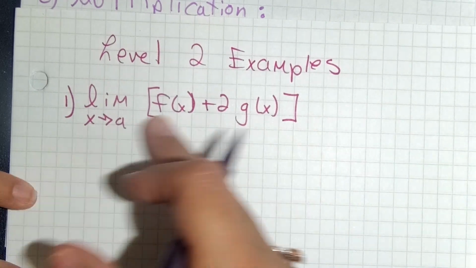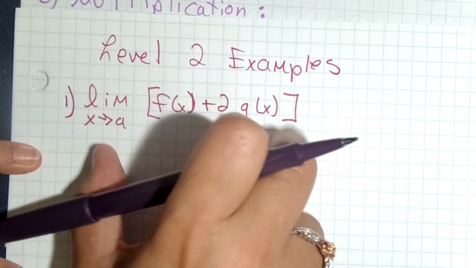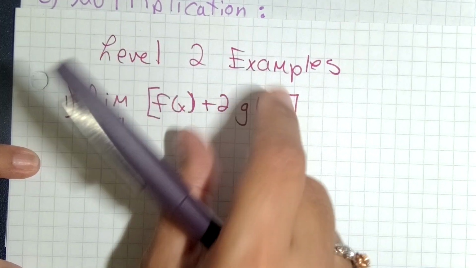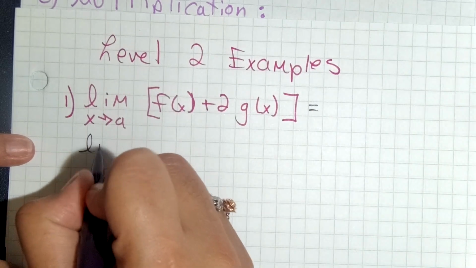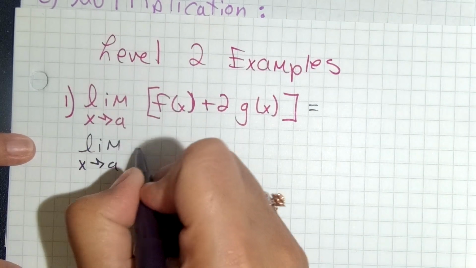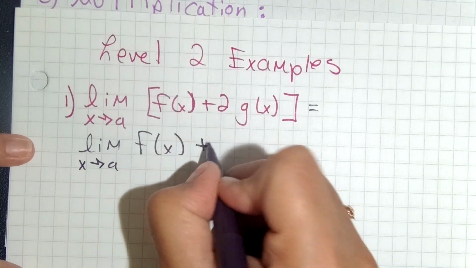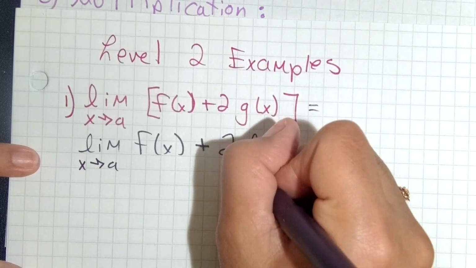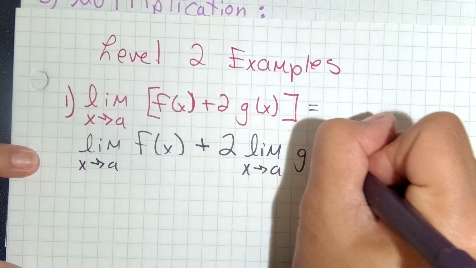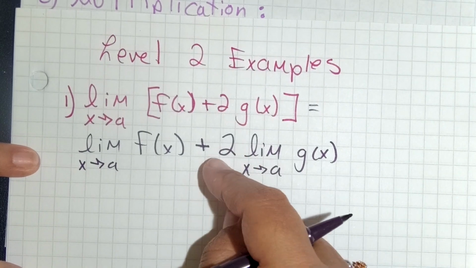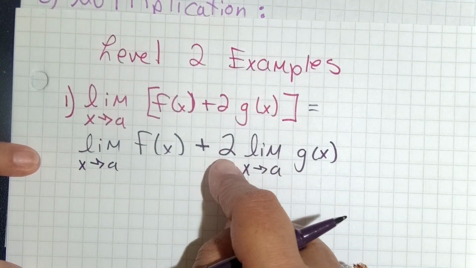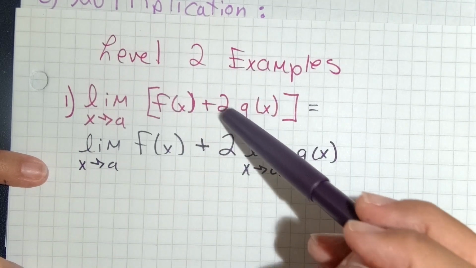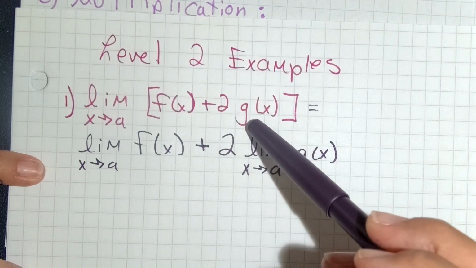In order to use the rules, for full credit I want you to show you splitting it up and computing it. So I have the limit as x approaches a of f of x plus 2 times the limit as x approaches a of g of x. Yes, this 2 can come out in front because it is a constant that you multiply by. Any coefficients can come out in front of that limit.